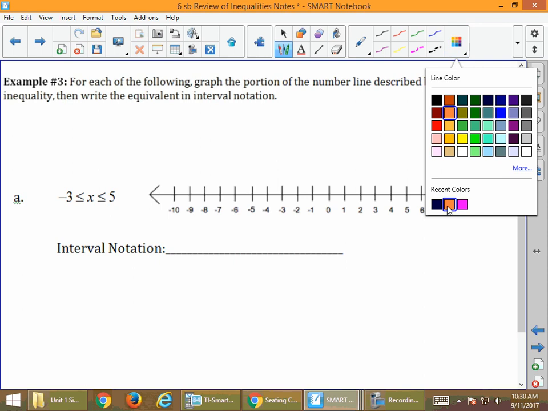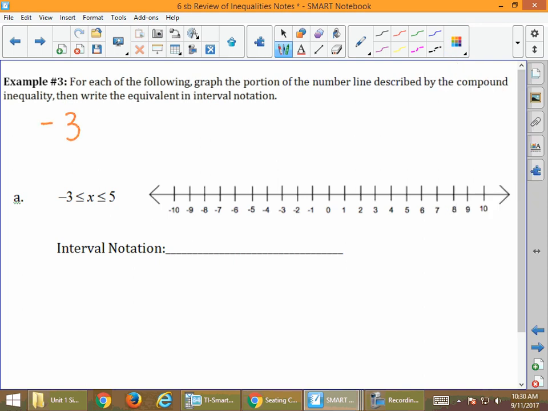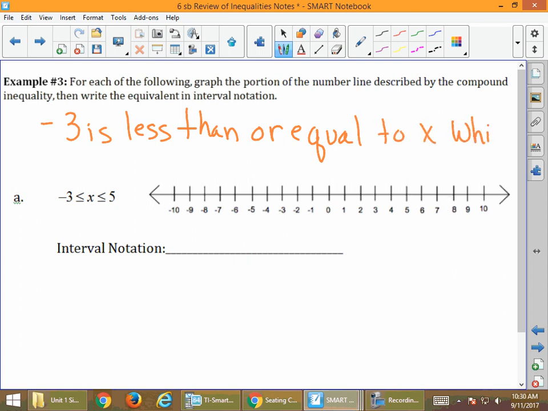And the way that it's read is -3 is less than or equal to x, which is less than or equal to 5.